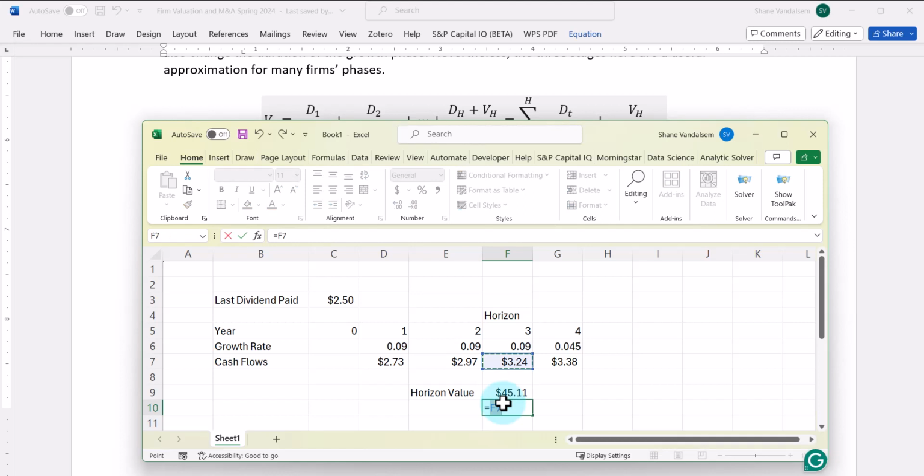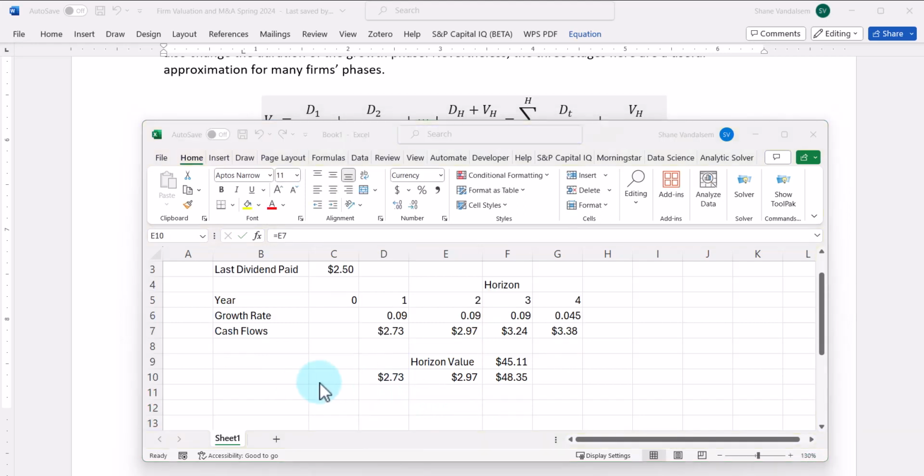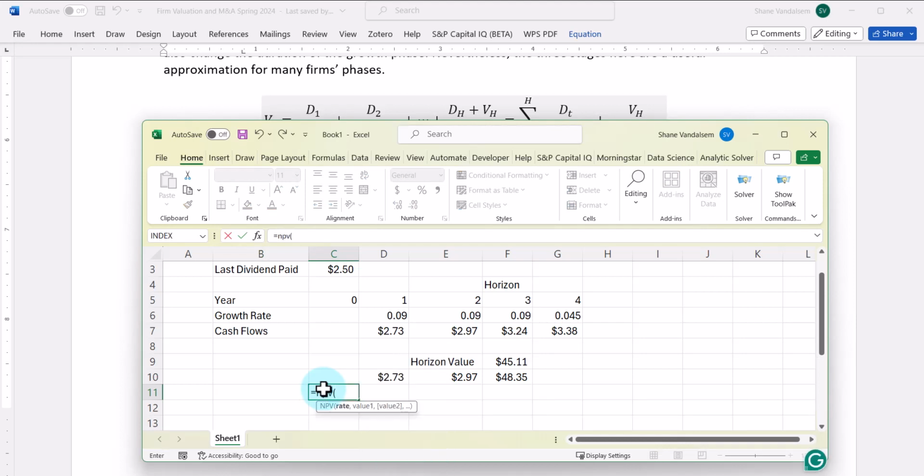So now I'm going to take the cash flows I expect to receive and find the present value of those in Excel using the NPV function. We're going to calculate the value of the stock today by using the net present value, or NPV, function. So here I'm going to put equals NPV.